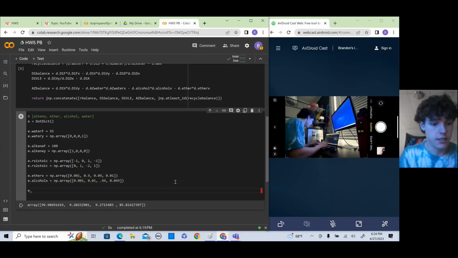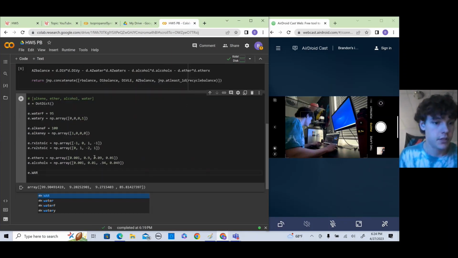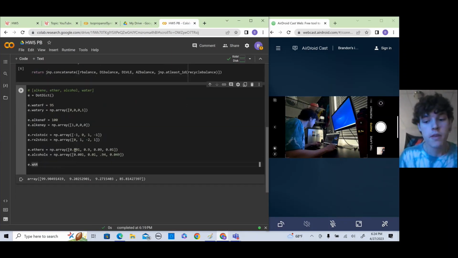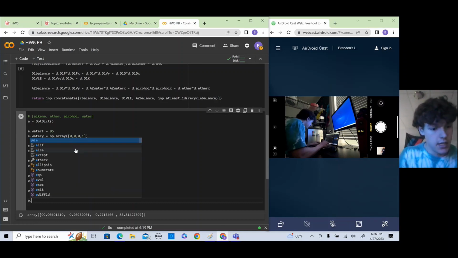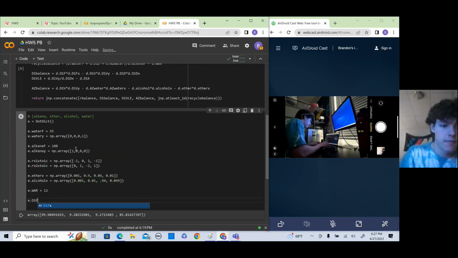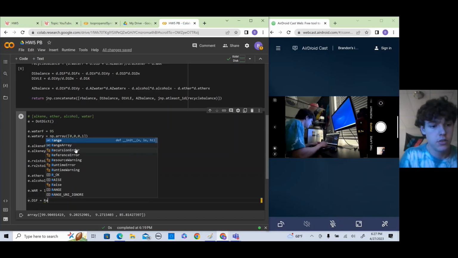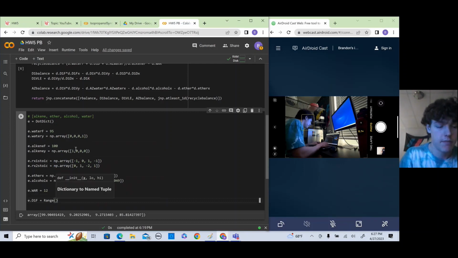So our E dot return ratio will be equal to 12. We can then do our E dot D1F, which will be equal to a range, because we're not entirely sure what it'll be yet.